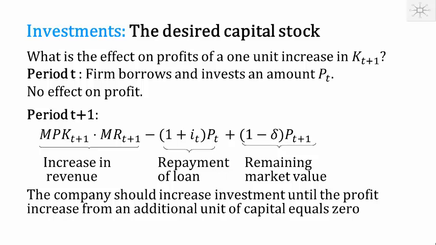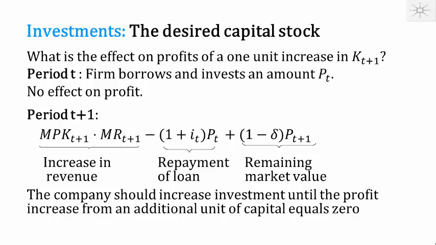That's the income you get from using the capital in production. The second thing is we have to repay the loan. And the loan was PT, and we have to repay the loan with interest, 1 plus i. And what is then the remaining market value of the capital stock? Well, we could sell the remaining capital stock at the price PT+1 in the goods market.